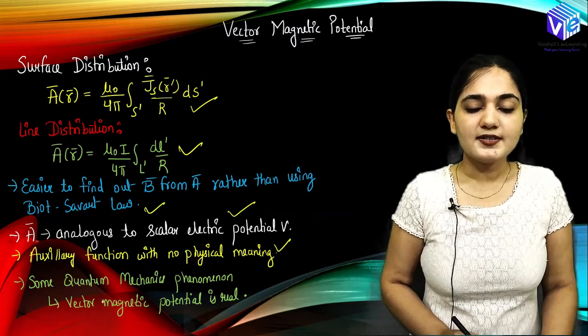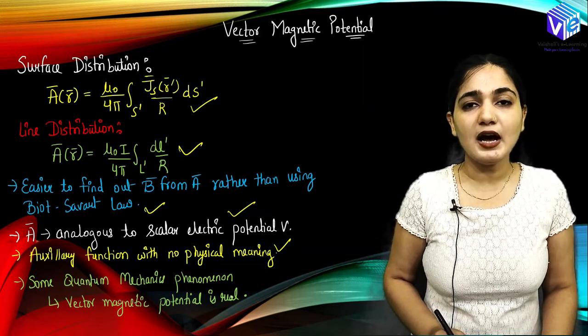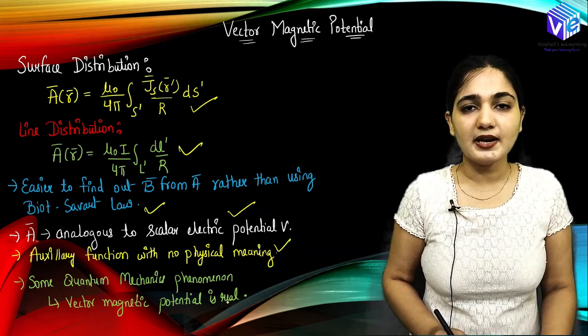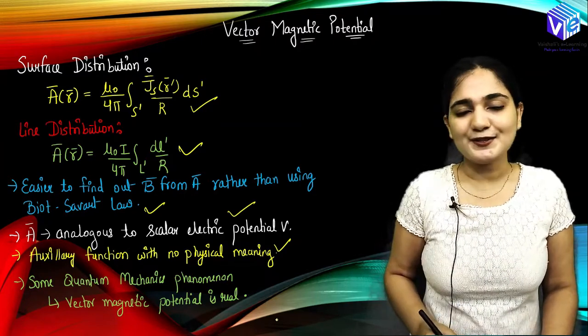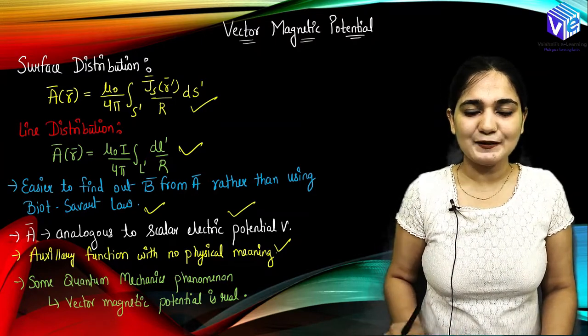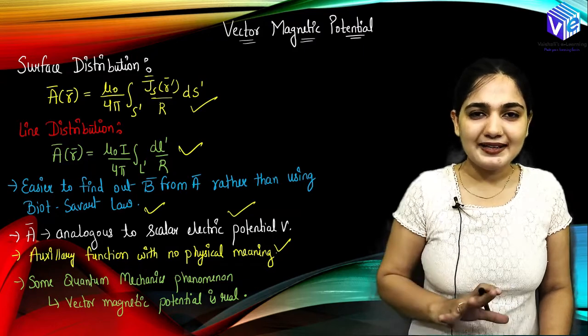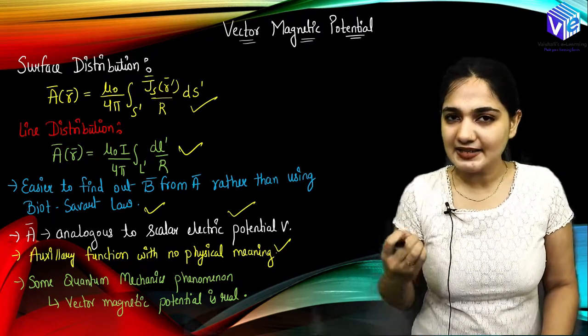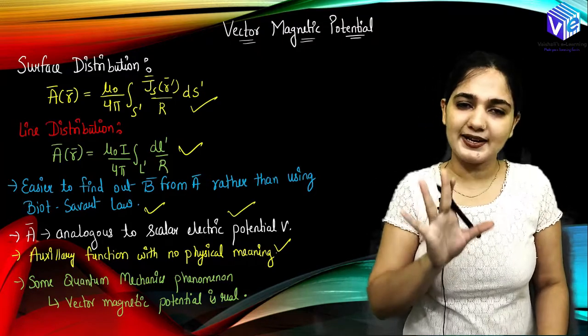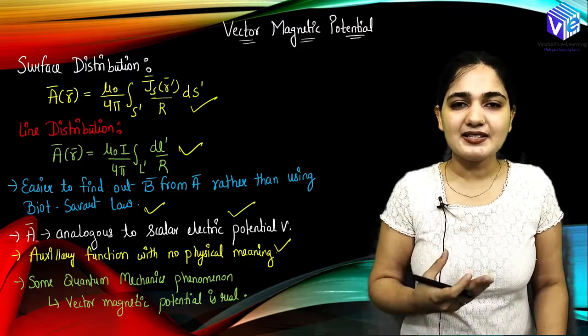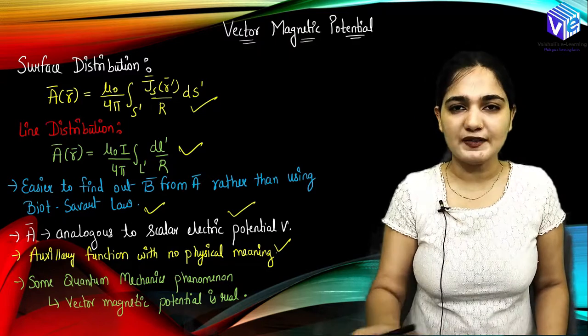Some quantum mechanical phenomena depend upon the vector magnetic potential, which tell us that it is a real quantity, not just our imagination. So in quantum phenomena it is a physical quantity, but for magnetostatics you should understand it as just a theoretical concept. It has no physical meaning.